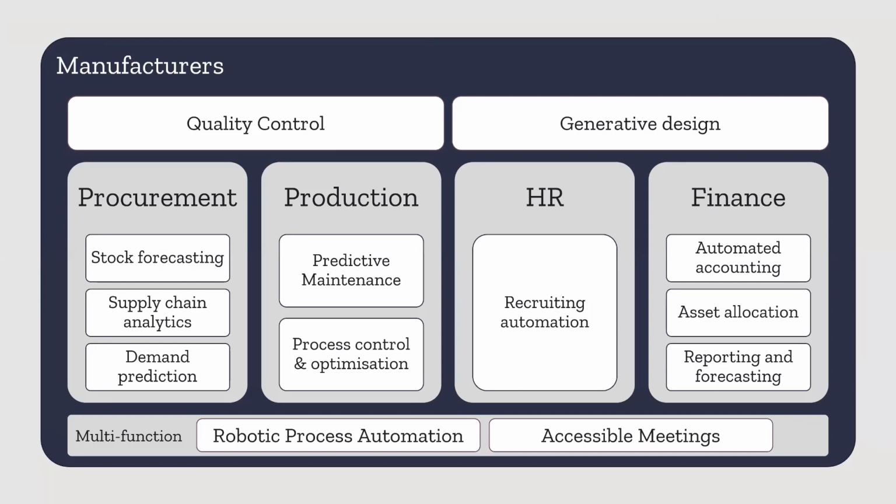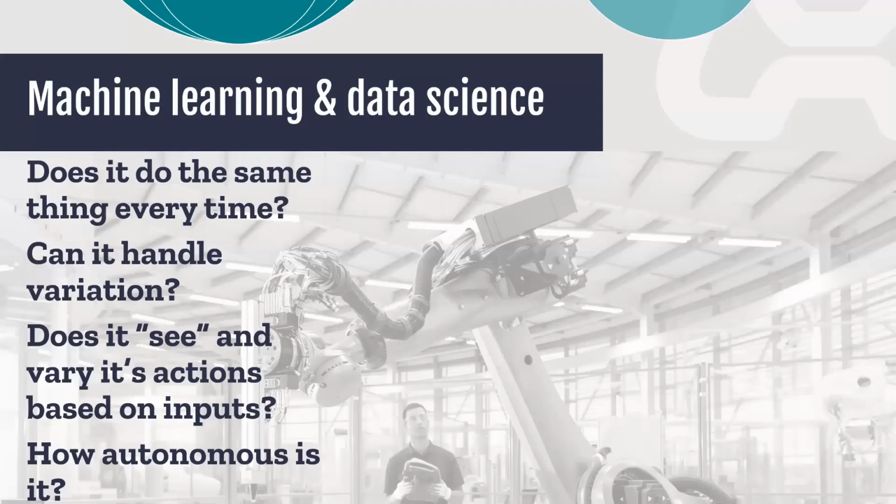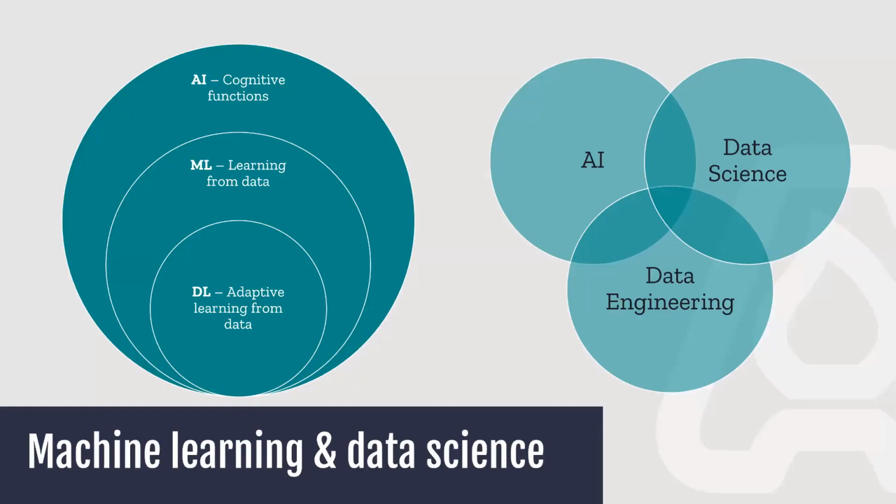I will reference some of these use cases as we go along, but today we're focusing more on the machine learning side of things and data science, and how these actually work in terms of methods, so that when you have a business challenge, you can say, that is this sort of machine learning or data science challenge, to be able to go and effectively source the right solution.